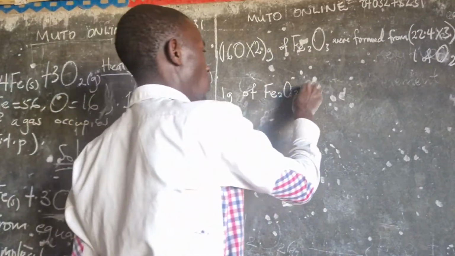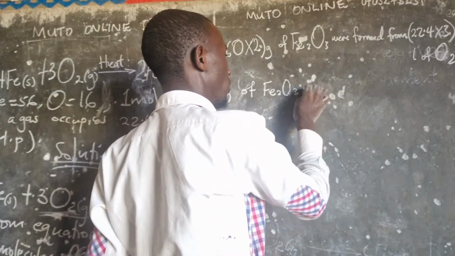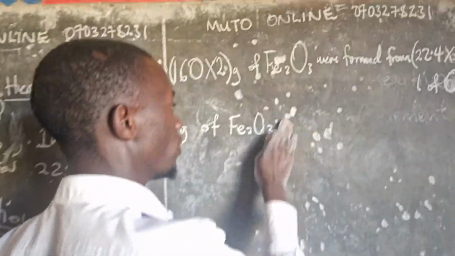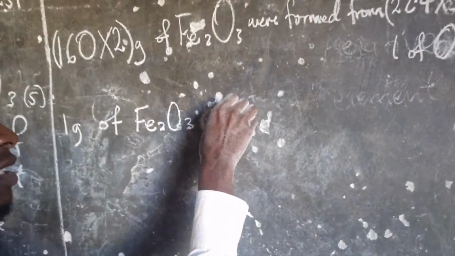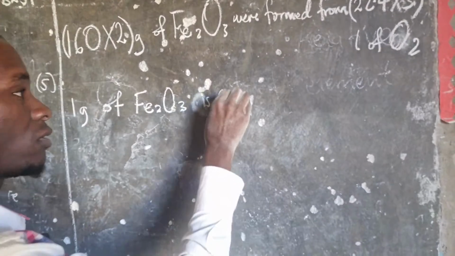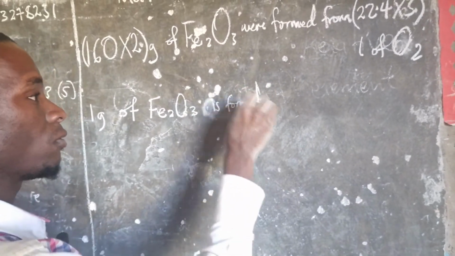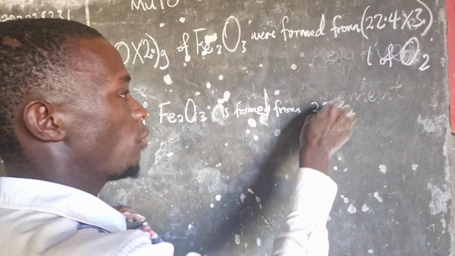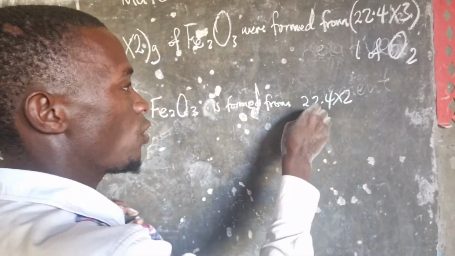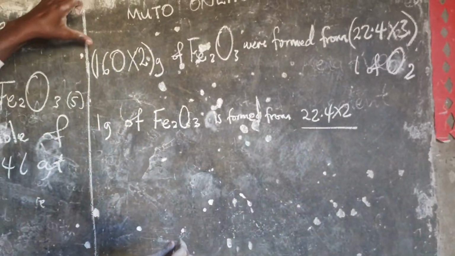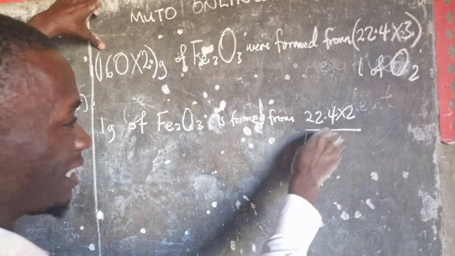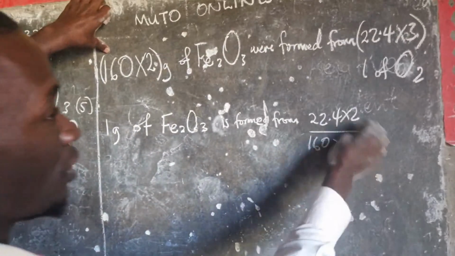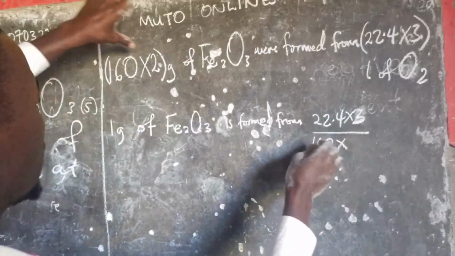So 1 gram will be formed from the 22.4 times 2 divided by the 160 times, no, this is times 3 times 2.